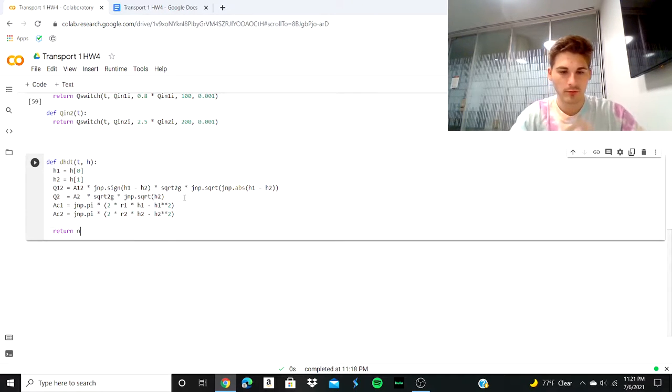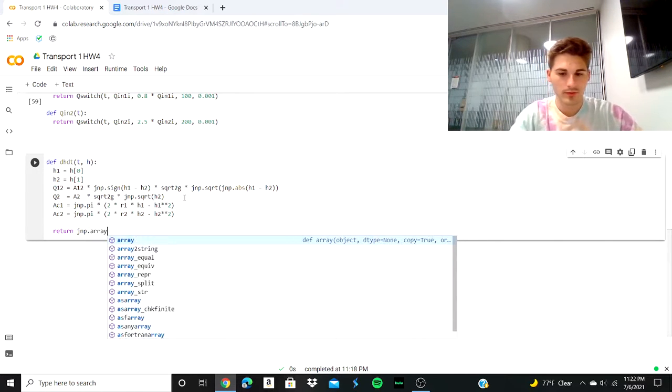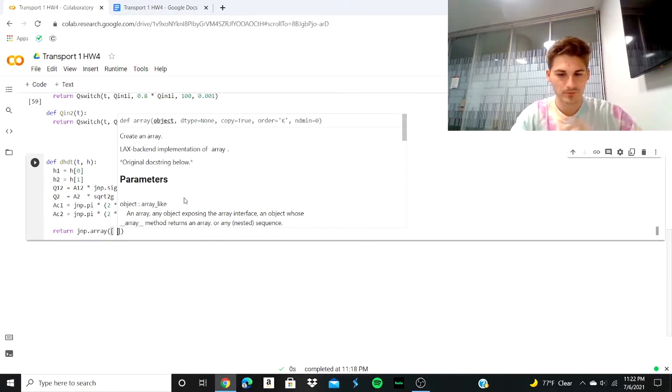And so we want to return these dH dt's as arrays, and we'll return them as arrays across a time interval. And so we'll say return an array. And the first column is going to be the heights of our first tank's liquid.